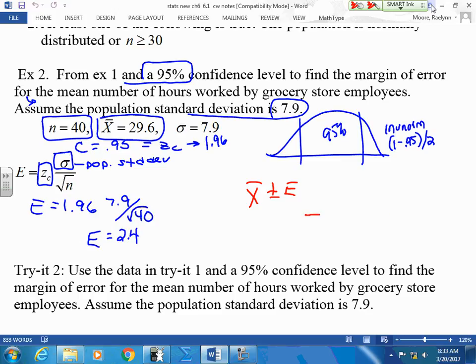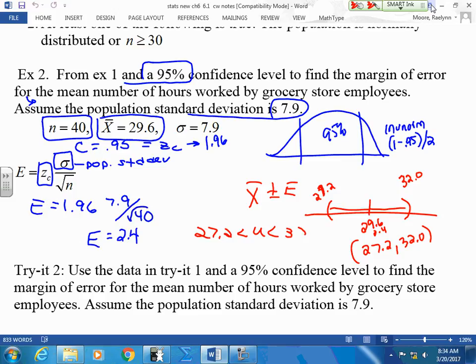If I put your mean right here, and I added and subtracted 2.4, this would go 27.2 and 2.4 and 32.0, right? 27.2, that's a 7. I'd be from here. I could do this, or like an interval, I could do this.